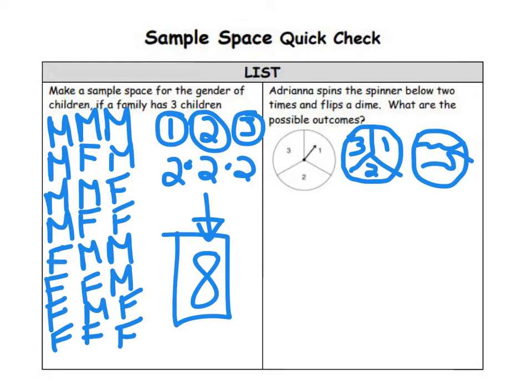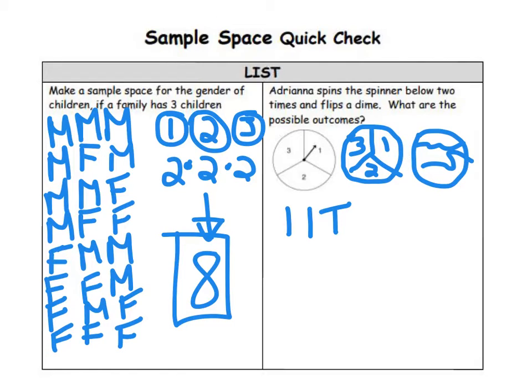So I know that if I spin the first time, it could be 1. If I spin the second spinner, it could be 1 also. And then if I flip the coin, it could be tails. So now I spin 1, and it went to 1. I spin the next one, it went to 1 also, and then I flip the coin and it's tails.